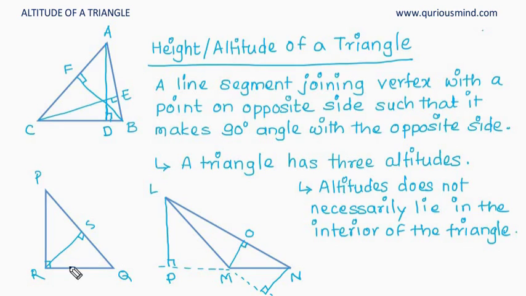In case of a right angle triangle or an obtuse angle triangle, they are not interior to the triangle. Only one of the altitudes is interior. In the case of a right angle triangle, two altitudes are on the triangle, whereas in the case of an obtuse angle triangle, two altitudes are outside the triangle.